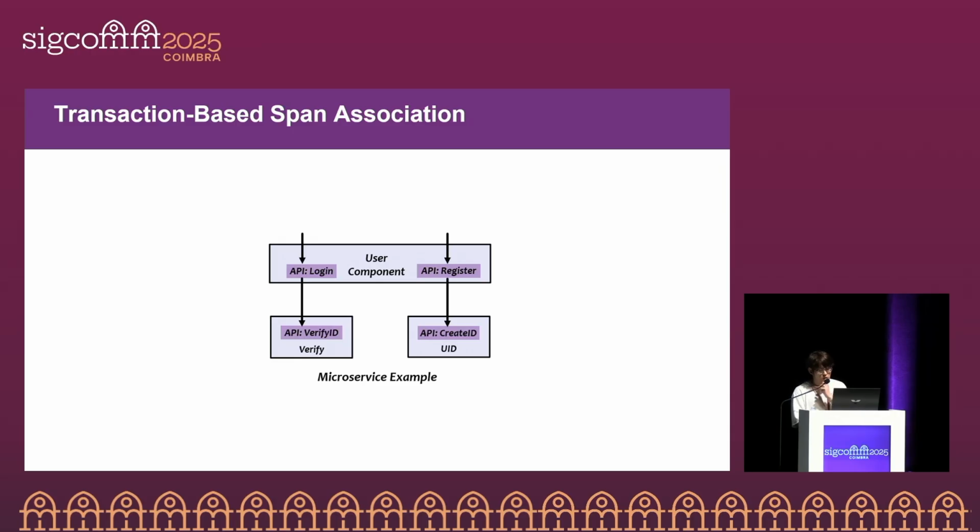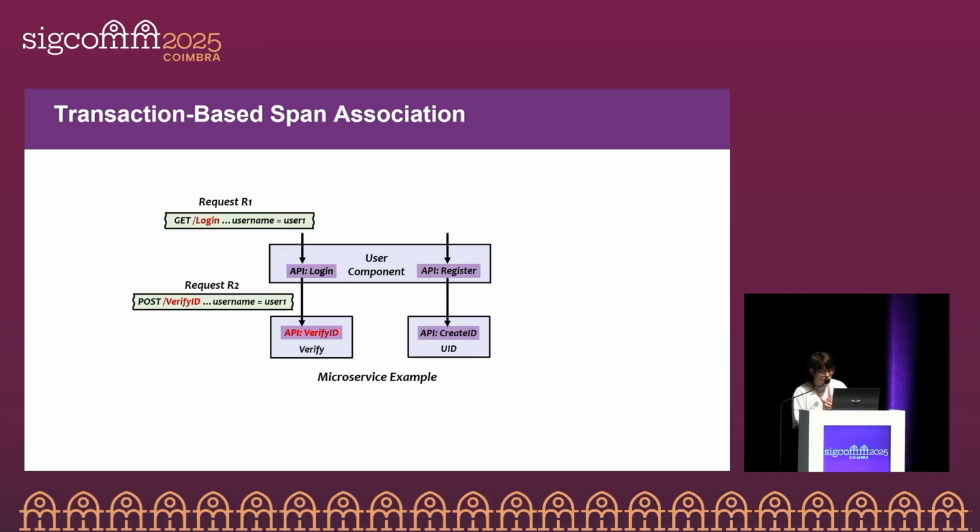There are two types of transaction. The first one is the nested API relationship. For example, in this microservice, a request carrying the login API always triggers an outgoing request carrying the Wi-Fi ID API. Therefore, login and Wi-Fi ID constitute one transaction type.